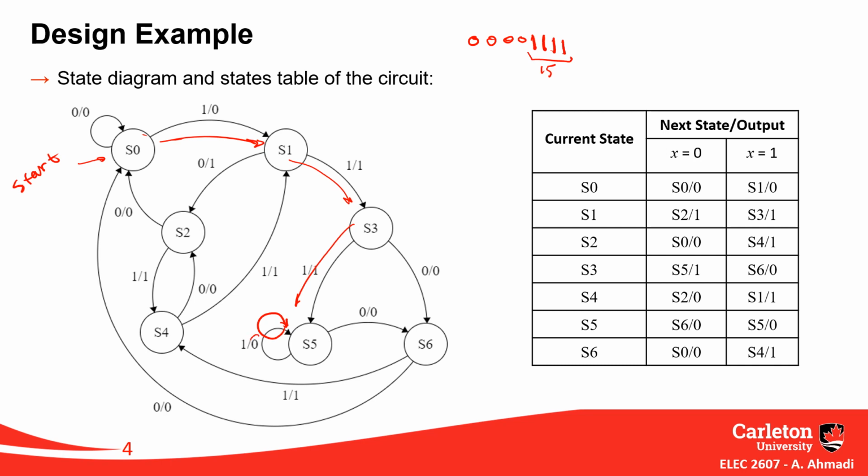So your output will be 0, therefore. And you will stay at state 5 because the 3 most recent inputs are 1. You're in the same situation as you were before. You're expecting to get either 1, 0, or another 1. If you get another 1, you stay at state 5 again.